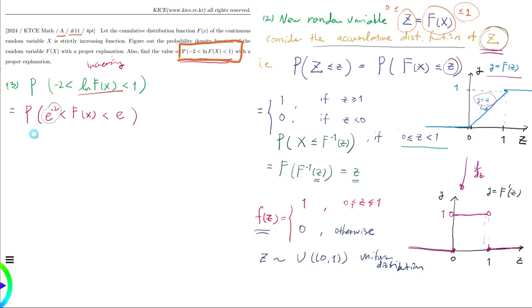And since they are positive values, and this natural constant is actually greater than 1, let me point the value of e to the minus second power, and it's a natural constant e, which is approximately 2.7 here.